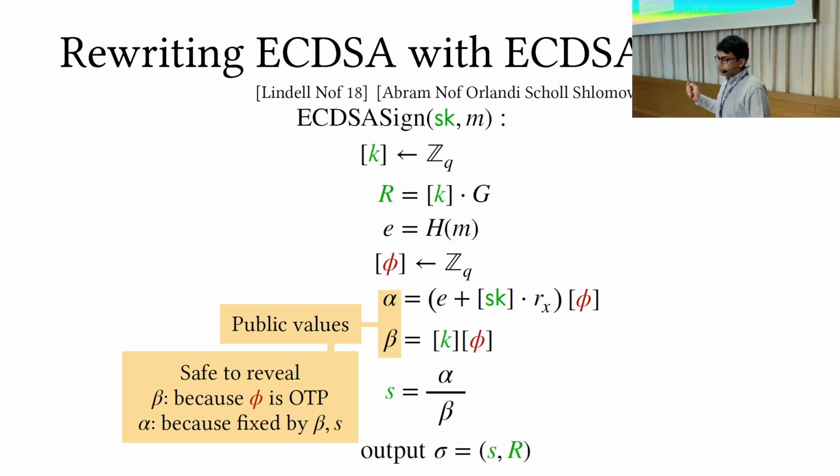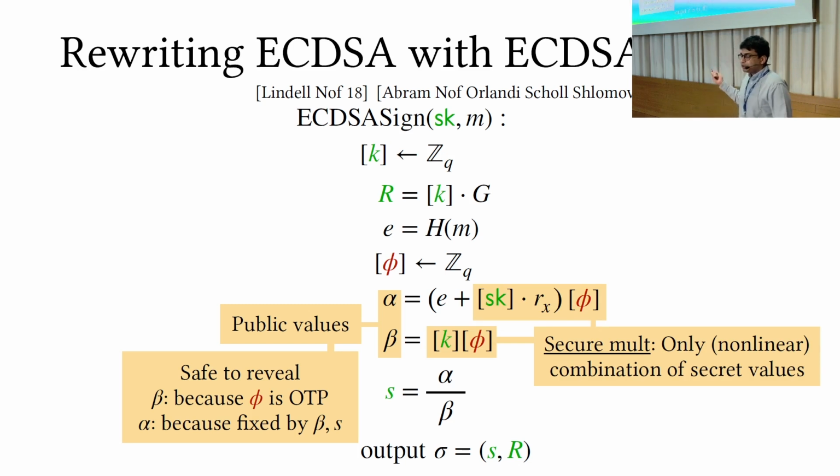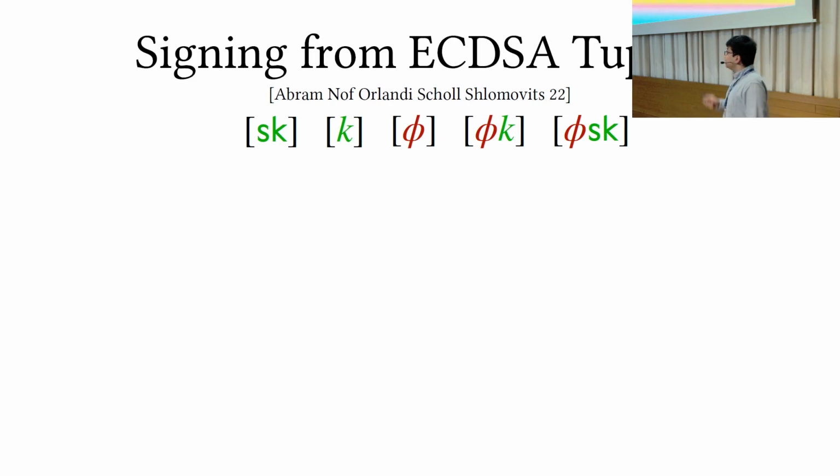So this is super helpful. At this point, the only nonlinear operations that we have to worry about are the multiplications of phi and these secrets, sk and k. So that's cool. This is what an ECDSA doublet is. It's a form of correlated randomness, which basically consists of secret shares of the signing key and the nonce, the mask phi, and the mask multiplied by both of these two values, the signing key and the nonce.